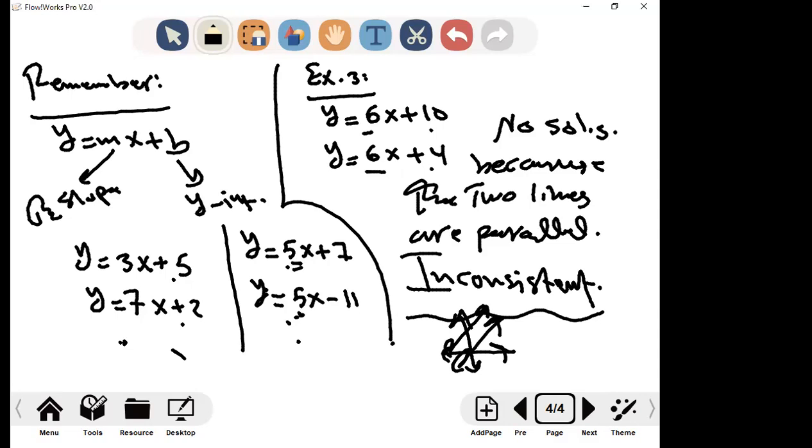Parallel. Again, because the slopes are the same and the y-intercepts are different, the lines are what? Parallel. But if the lines are parallel, the system has what? No solutions. Therefore, the system is what? Inconsistent.